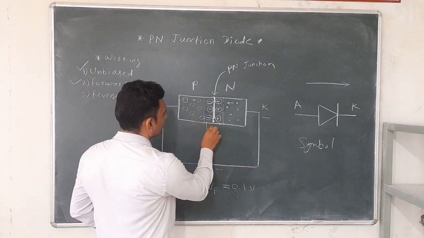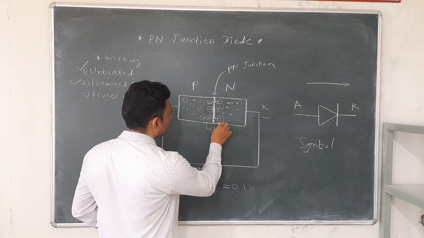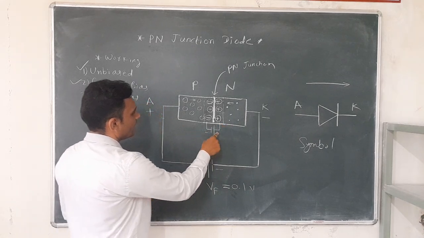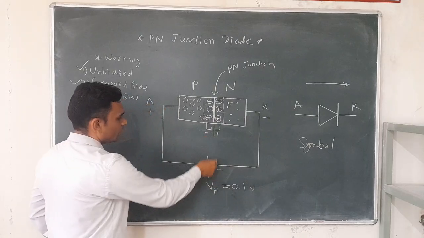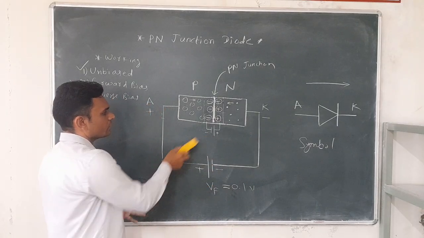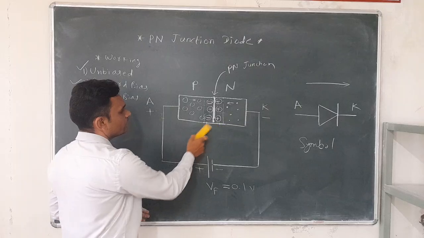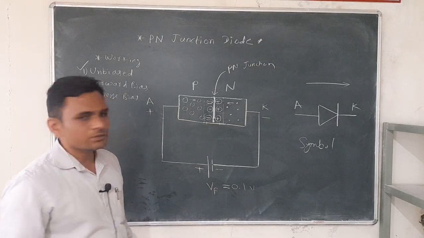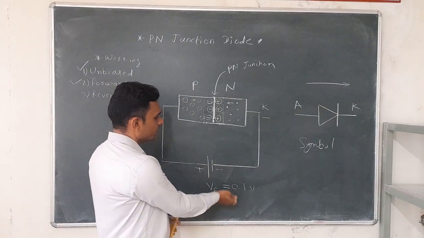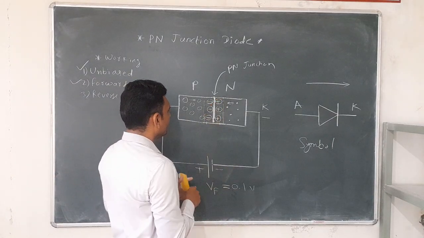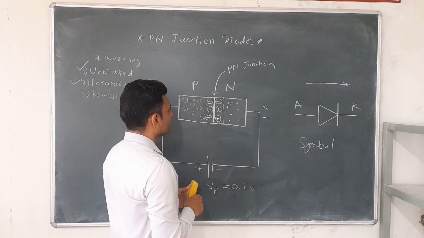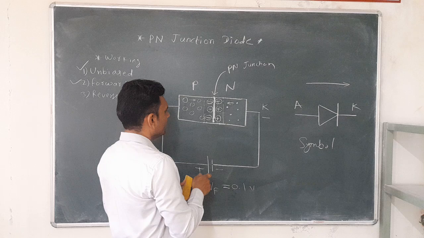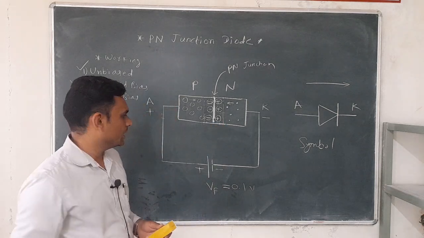Here barrier potential has negative on P side and positive on N side. So opposite voltage is applied across the barrier potential. Therefore that barrier potential decreases if we increase this forward voltage. So with increase in this forward voltage, this width of depletion region decreases, therefore barrier potential decreases, and therefore resistance of PN junction diode decreases.